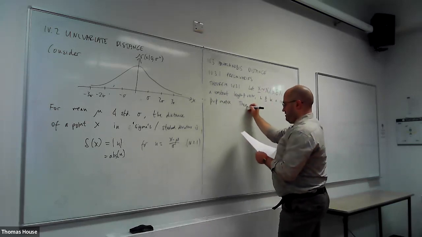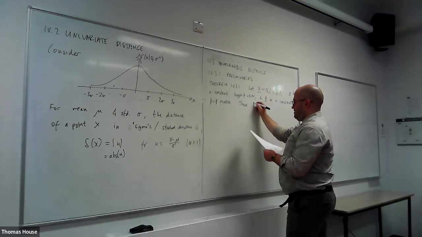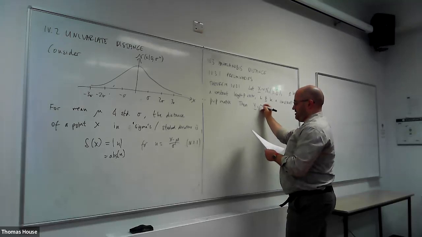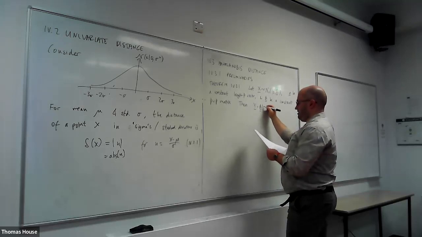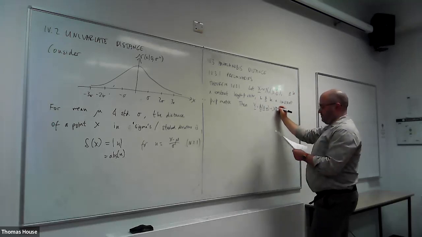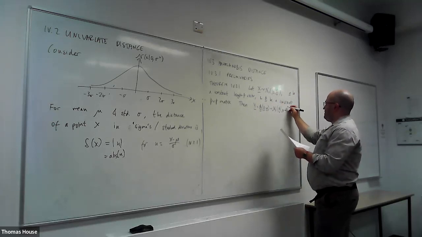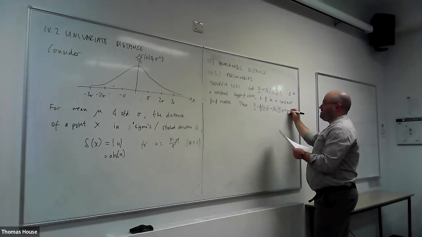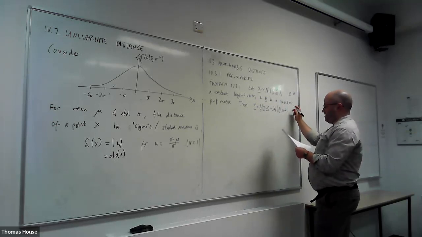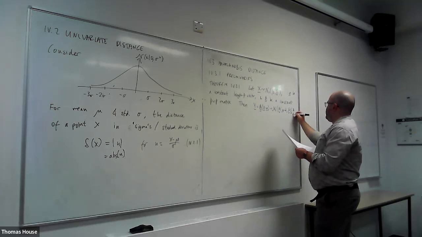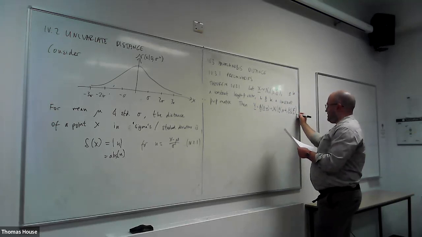Then Y, which is equal to the matrix A on X minus a, is normal itself, but with mean equal to A mu minus a, and covariance equal to A sigma A transpose. Okay.